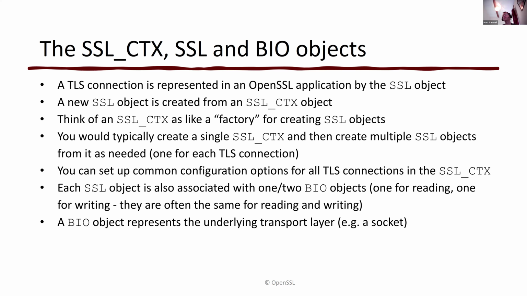A BIO is just an abstraction for some kind of input-output concept, for example, typically a socket, if you're talking in TCP/IP terms. There's two, one for reading and one for writing, but in most cases you're going to use the same BIO for both. So the BIO, in this case, is representing that underlying transport layer, that TCP/IP socket.